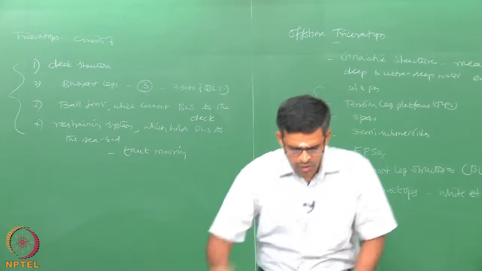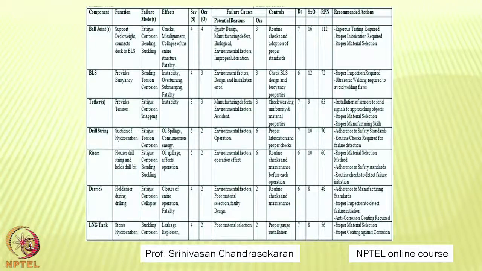The failure causes can be faulty design, manufacturing defect, etc. The rate of occurrence, after corrections are made by implementing controls, can be reduced to 3. So, there is a difference in occurrence from 4 to 3 if you are able to do routine checks and adopt proper standards.